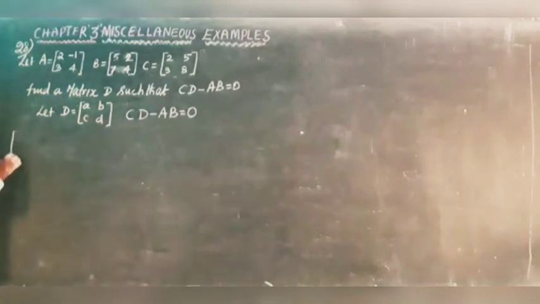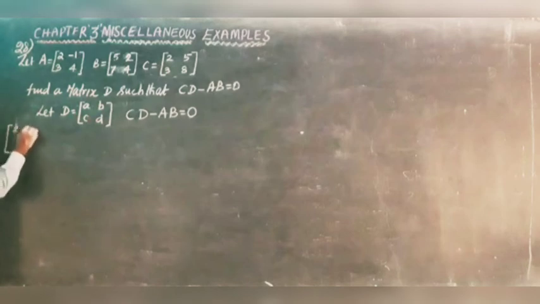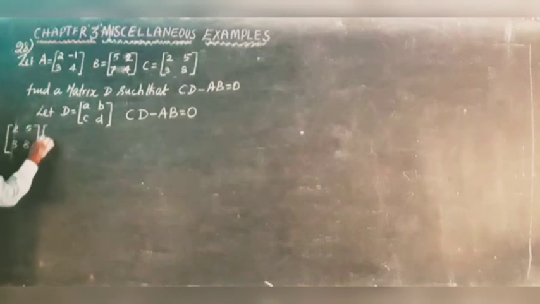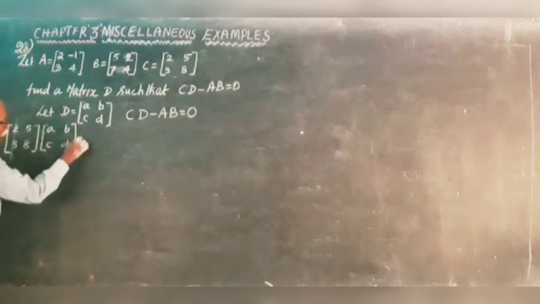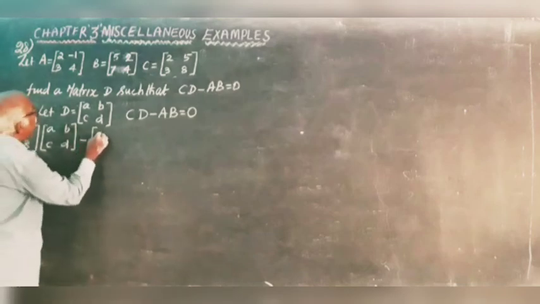CD is [2, 5; 3, 8] times [a, b; c, d], minus [2, minus 1; 3, 4] times [5, 2; 7, 4], equal to the 2 by 2 null matrix.